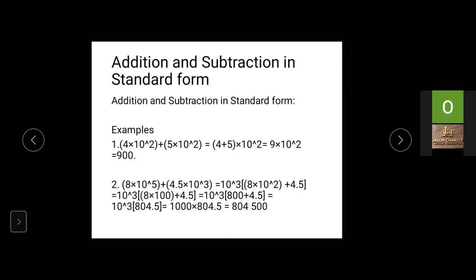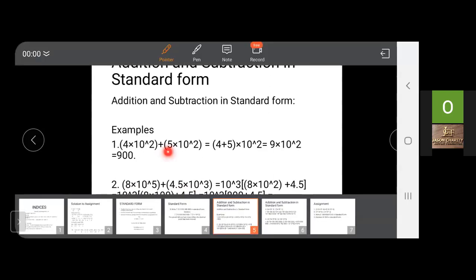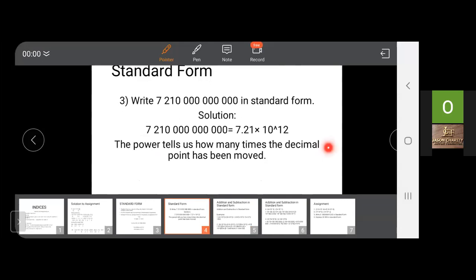So what do we do about this? Just like we did in the first example, we bring out what is common to both terms. 10 raised to the power of 3 is common to both terms.